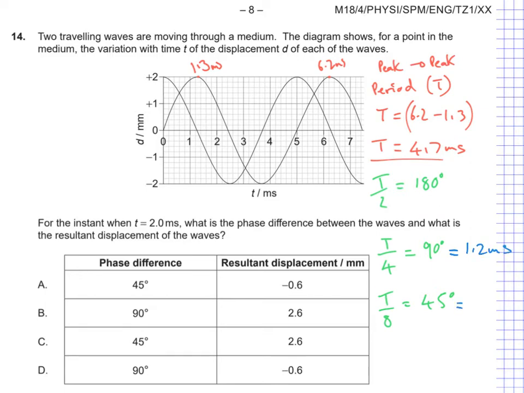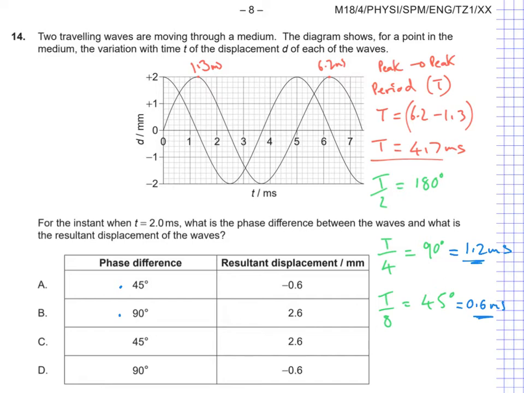And 4.7 divided by 8 gives us 0.6. So I'll just leave it like that for now, milliseconds. If the answer was 45, we would expect the time difference between the peaks, or from whatever point on either of the waves, to be 0.6. And if it was 90, we would expect the time difference between them to be 1.2.